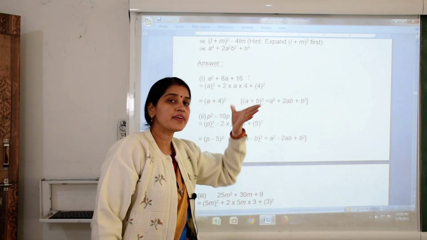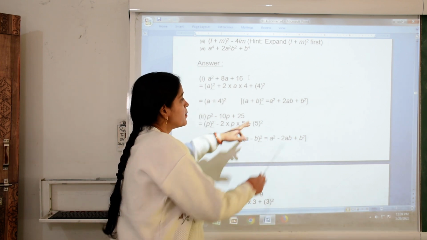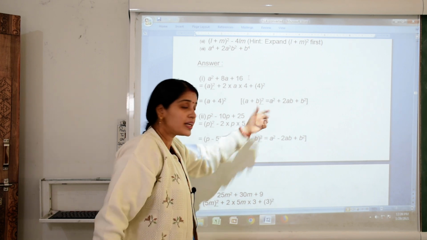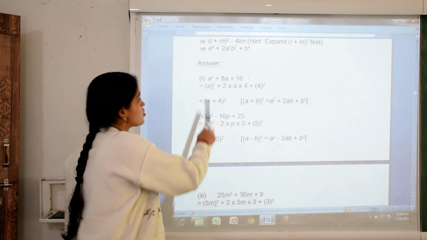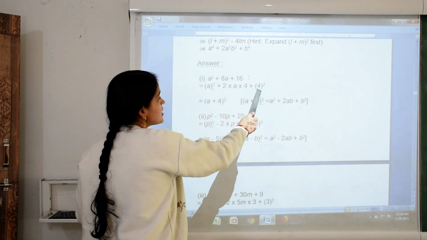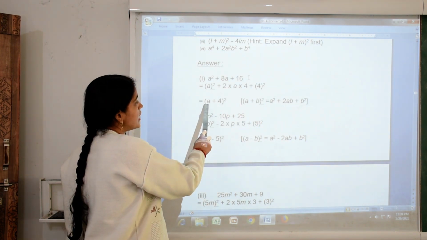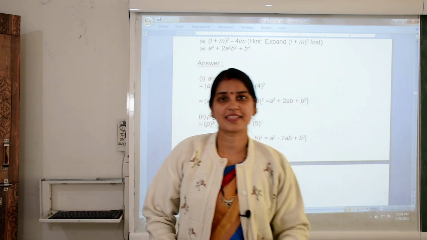So this one is given in the expanded form, we have to write it in short form. That means a plus b whole square. So what is a here? a is a, and what is b here? b is 4. So we have a plus 4 whole square, which is our answer.